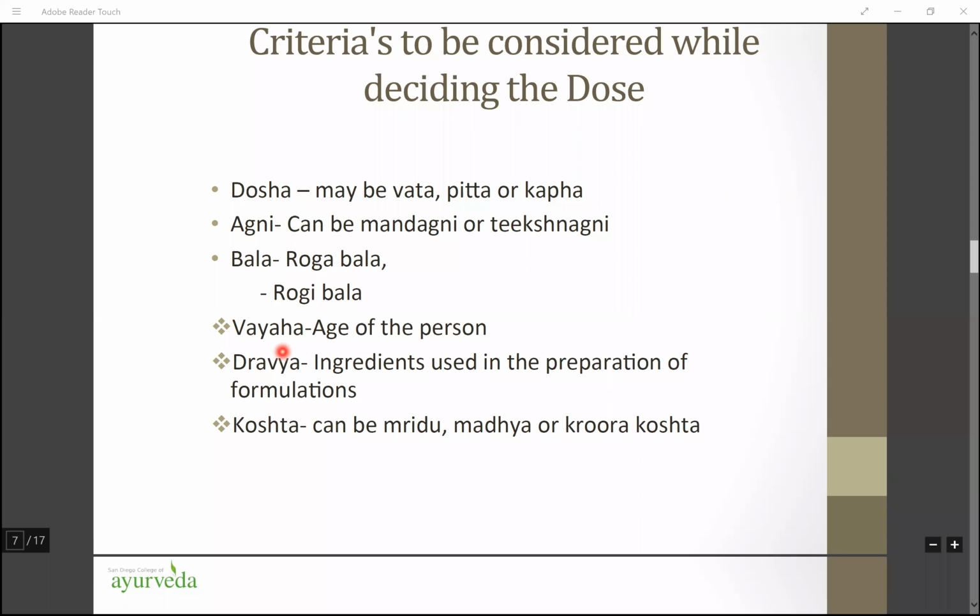The next thing that you need to keep in mind is the Vaya of the patient, where you have to consider the age of the patient. So now, if you're giving the medicine to a very small kid, the dosage has to be a minimum dosage.